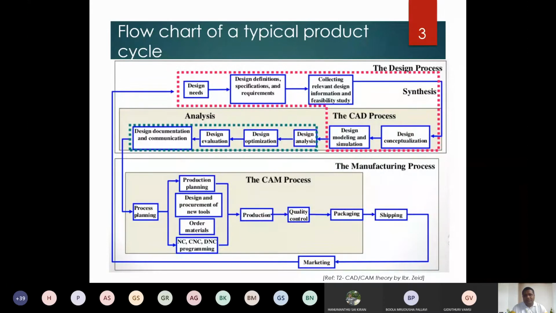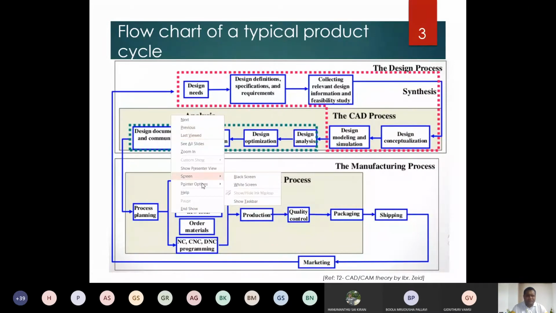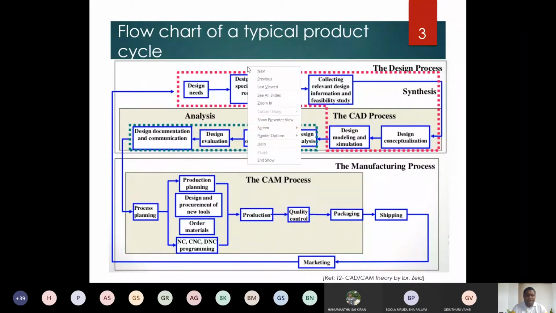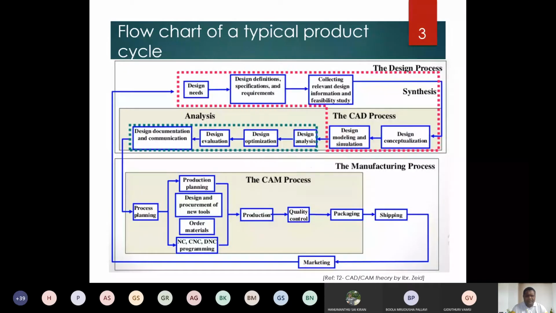If you look at this particular flow chart, the pink colored loop, this particular author is calling it synthesis.